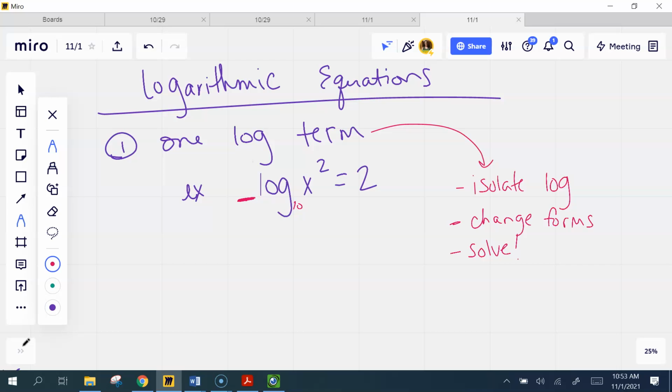So this would be 10 to the second. And this is an easy one because if the exponents then are the same, the bases, so what does x equal?